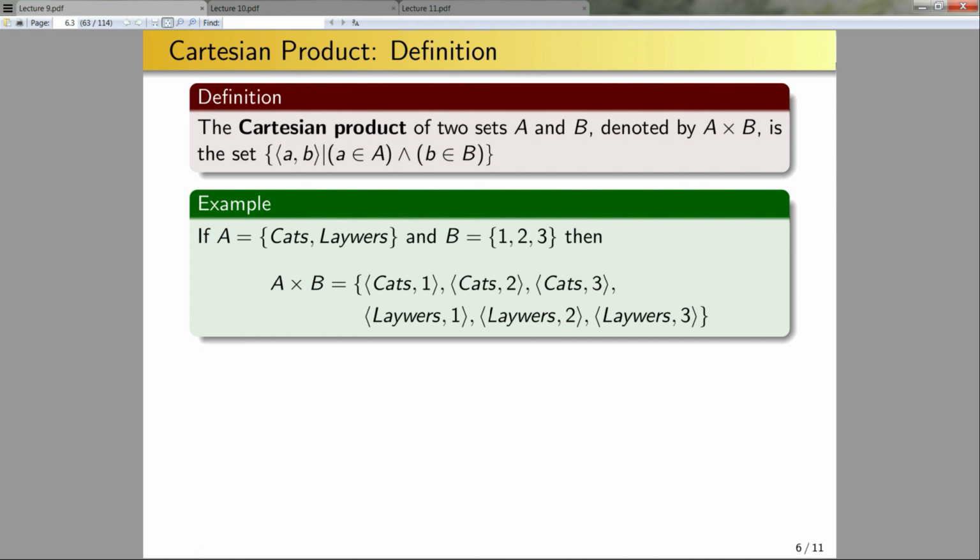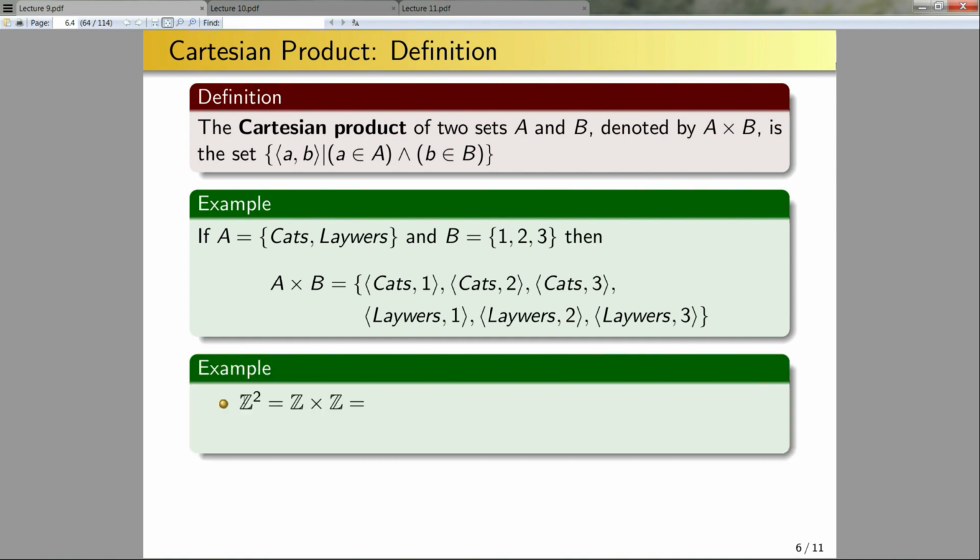Further, let's look at some examples that you've probably seen before. Z cross Z, sometimes called Z squared, is simply the set of ordered pairs (m, n) such that m and n are integers. Further, the Cartesian product of R and R, sometimes denoted R squared, is simply the set of all ordered pairs of the form (x, y), where x and y are real numbers. Now, why do we want the Cartesian product?